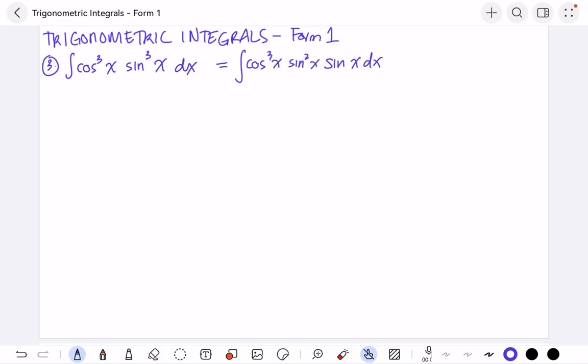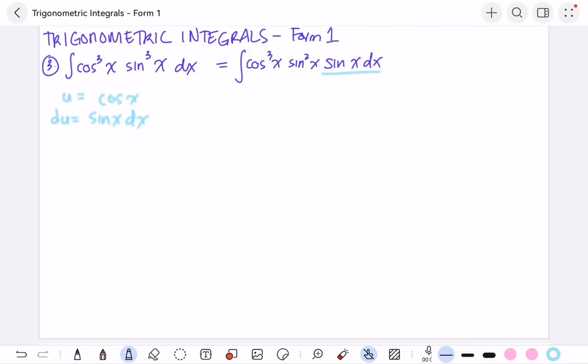I'm doing this because my plan is to reserve sine x dx for my du. So let me write that here. I'm planning to have something du in the form of sine x dx. So if that is the case, my u must be cosine x.